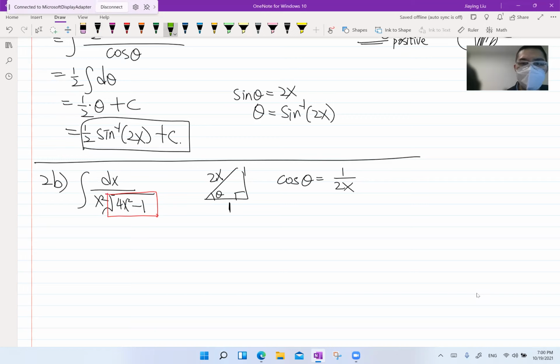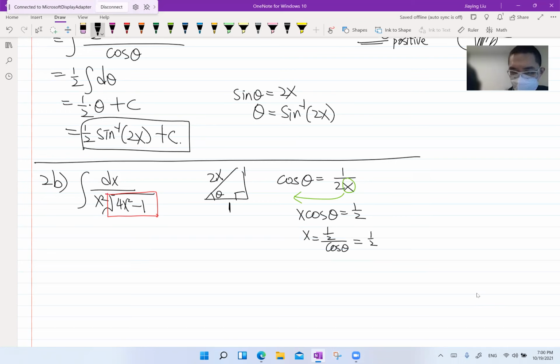I'm going to be a bit lazy by just moving the x to the left side and dividing by cosine. So I get x times cosine theta equals 1/2, so x equals 1/2 divided by cosine theta. That's me being a little bit lazy there. You could move 2x to the left side and divide by 2. That's fine.